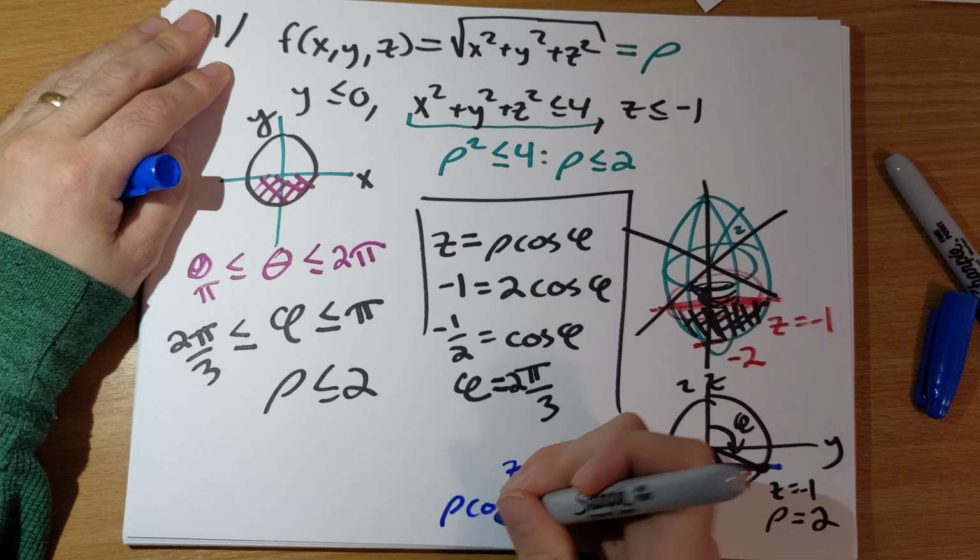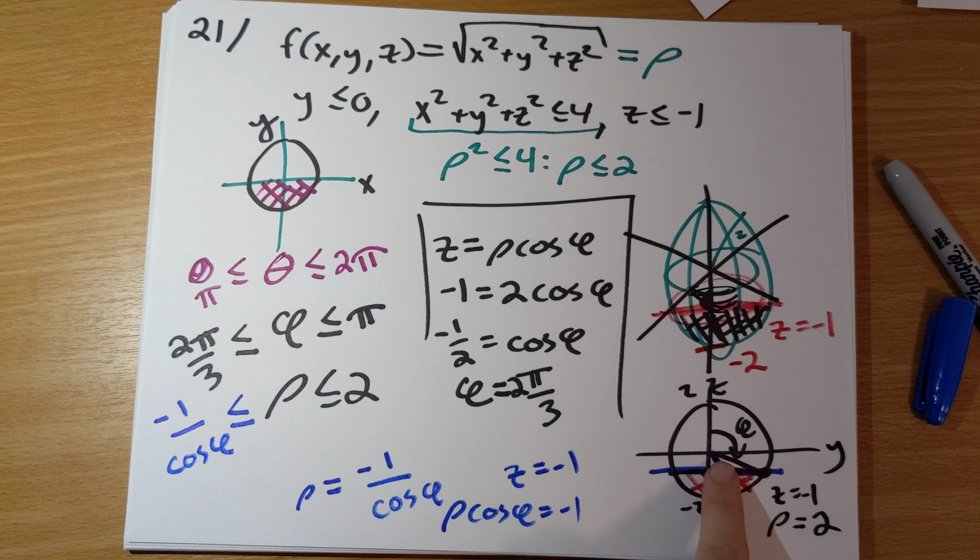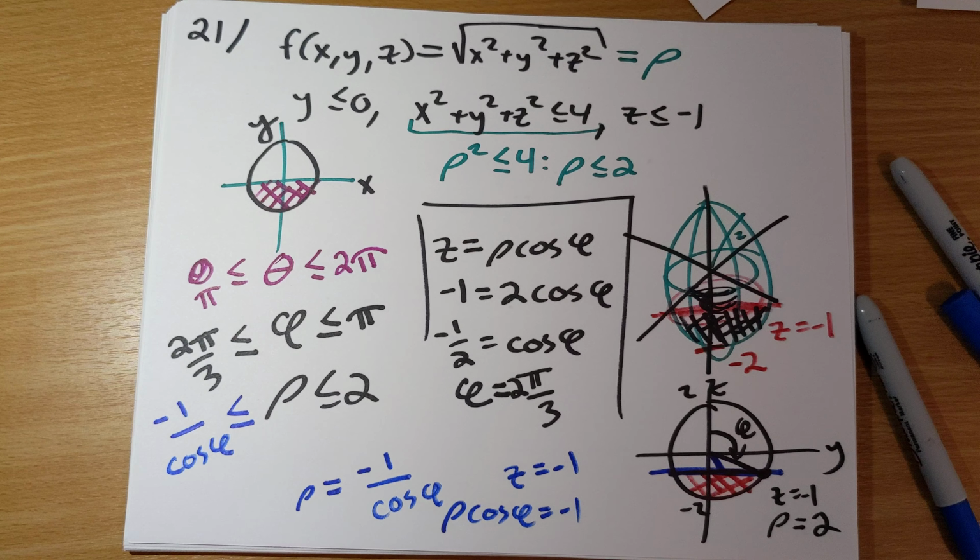Rho is equal to -1 over cosine phi. So rho has to be at least -1 over cosine phi. Rho can be from -1 over cosine phi to 2.